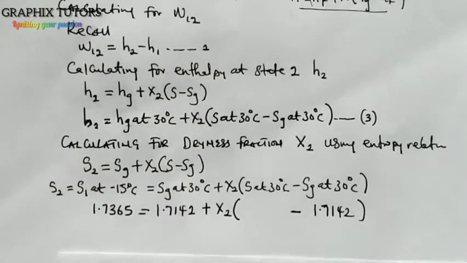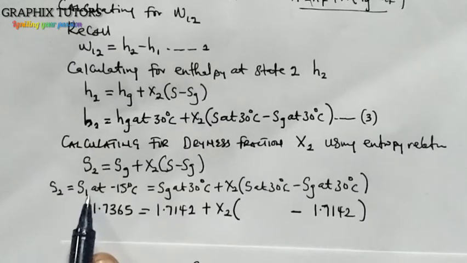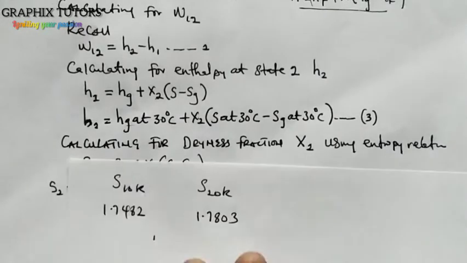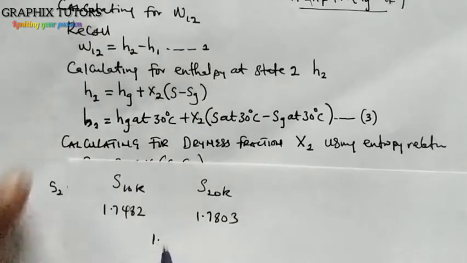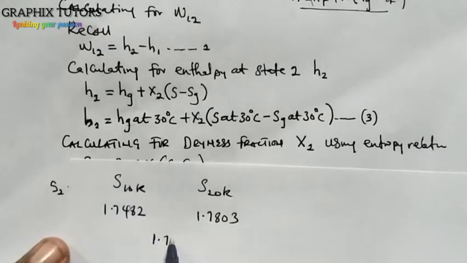So if you look at now, my S1 here is my S2 here, my value must be closer to what? My S1. So my S2 here that I will use here is 1.7365. This is just my normal value that I'm using.